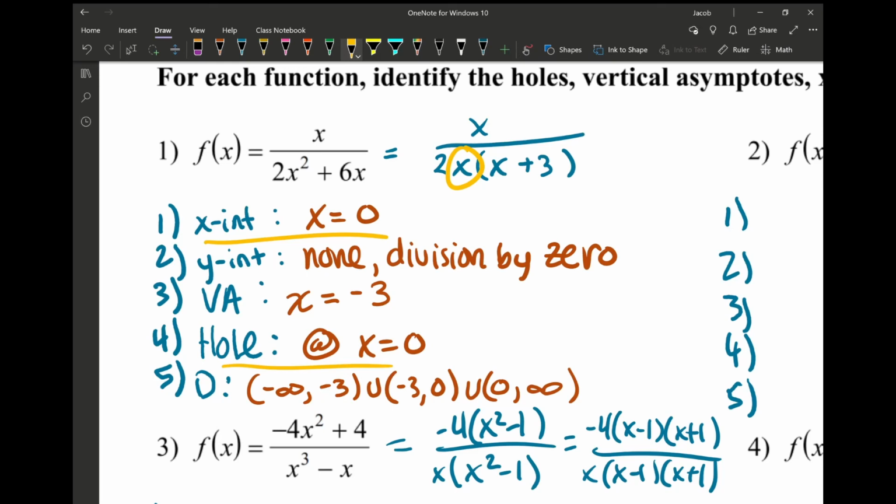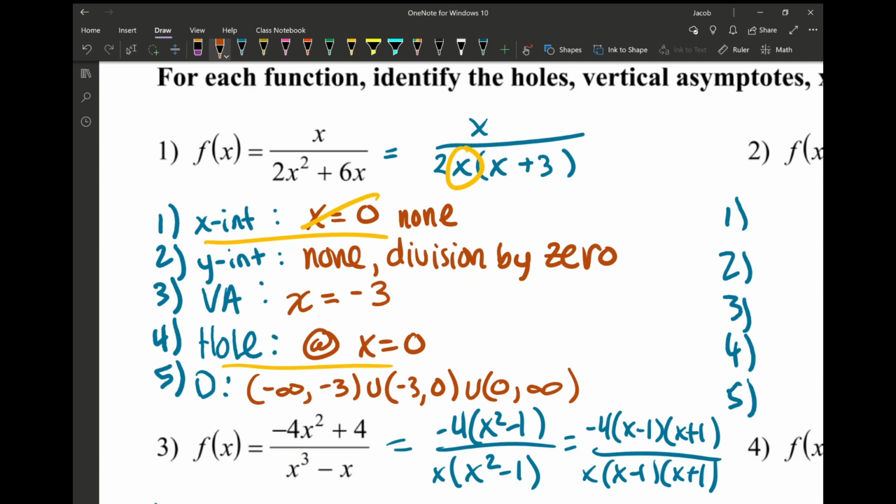So we have a hole there, but that means we actually don't have an x-intercept. Where our x-intercept ought to be, we have a hole. So this is not true. We are actually going to say we do not have an x-intercept.